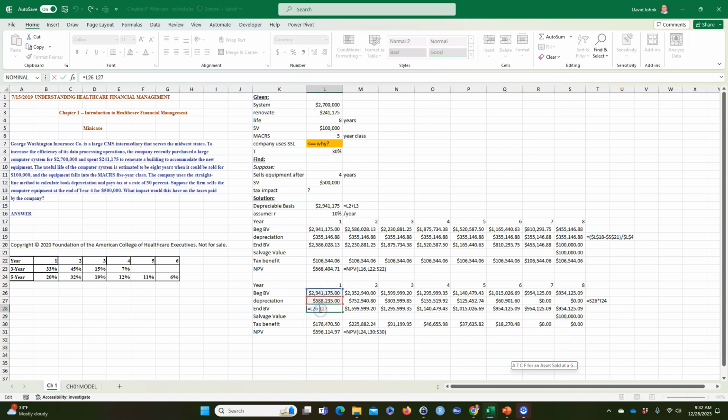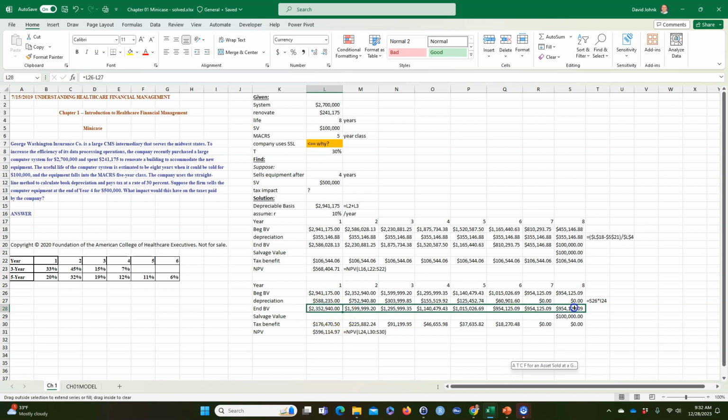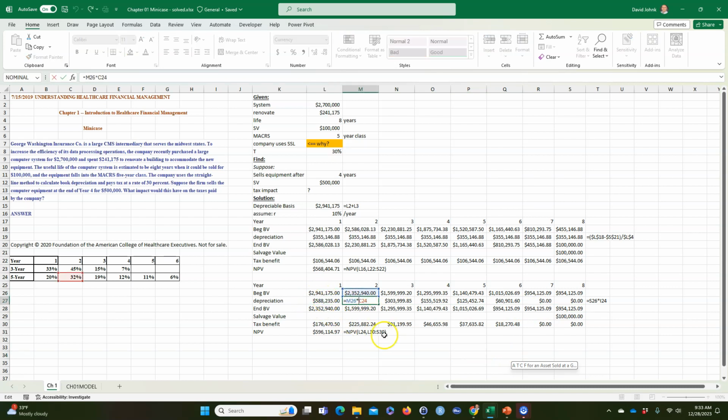okay, hold on. I want to make sure this is all correct. Okay, something's wrong here. Let me just double check. Yeah, this is correct. It's depreciated down to 0 by the end of year 7, right? And so since the government thinks you have 0, and you're actually going to sell it for $100,000, this is a negative benefit.